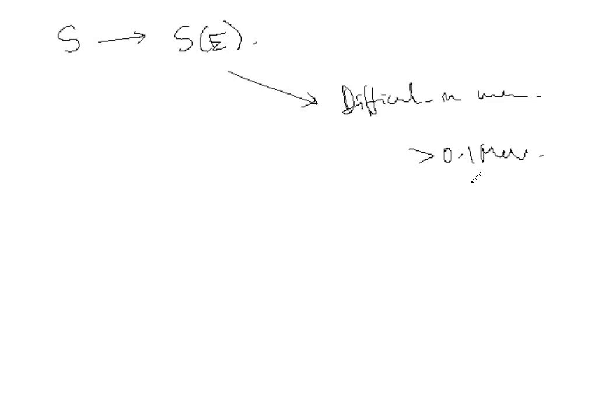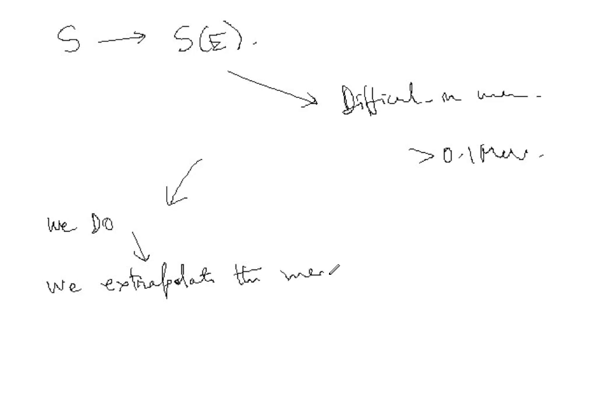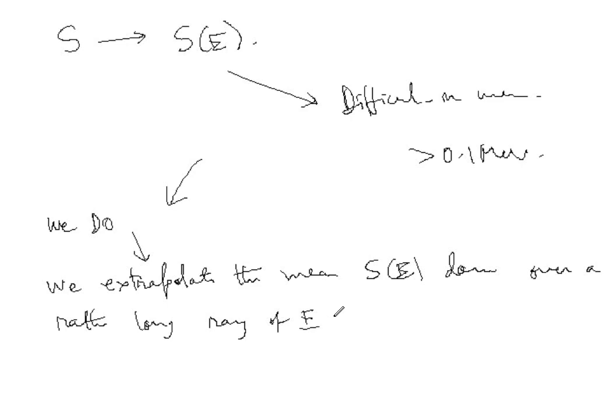So what we sometimes have to do is extrapolate the measured S of E. So what we do is that we extrapolate the measured S of E downwards over a rather long range of energy. Now this can be done quite reliably for non-resonant reactions.